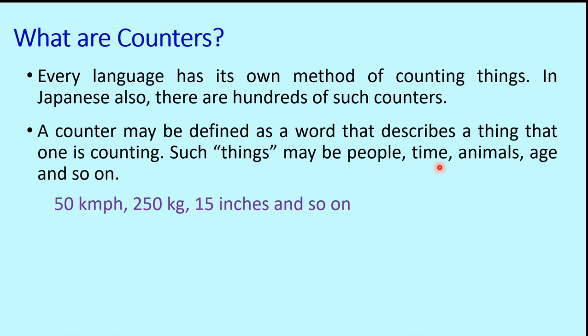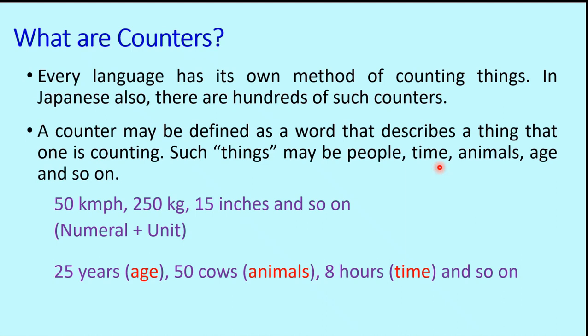For example, we have here few items: 50 kilometers per hour, 250 kilograms, 15 inches, and so on. So here we have the numeral value followed by the unit. And then we have items like 25 years, 50 cows, 8 hours, and so on.